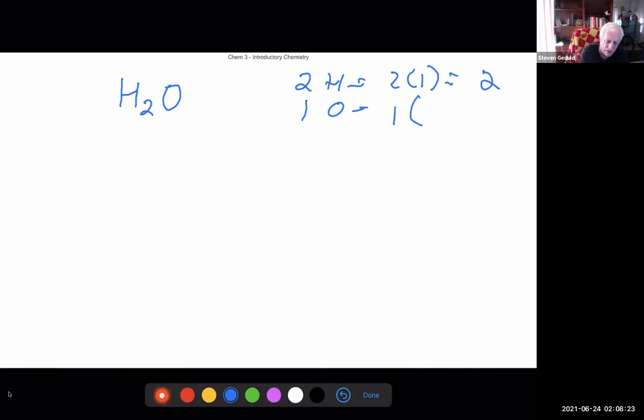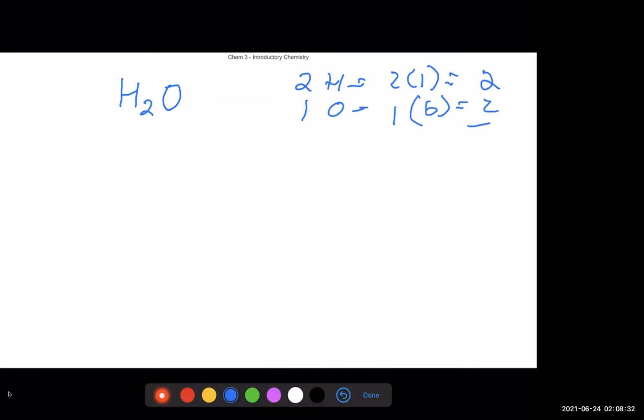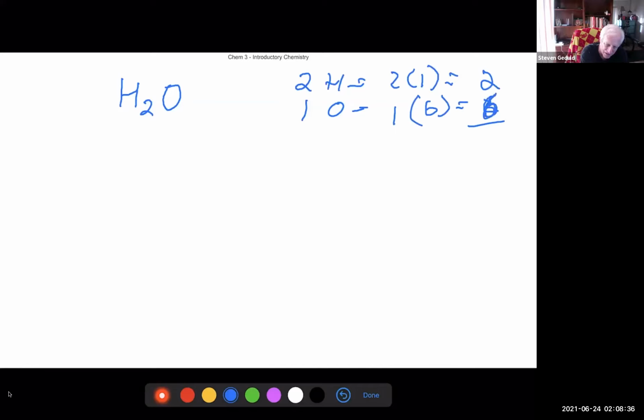Oxygen is 1 times, how many valence electrons does oxygen have? 6. 6 times 1 is 6. 6 and 2, add those together, we get 8. So our Lewis structure has to have 8 valence electrons.